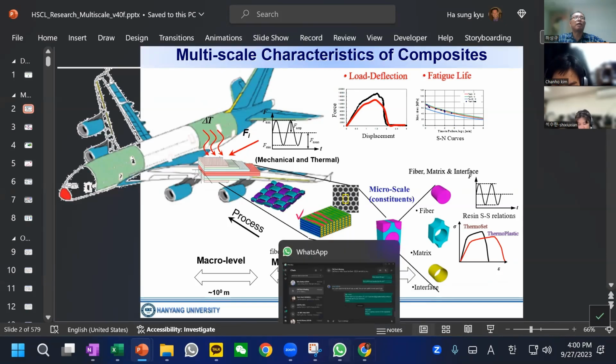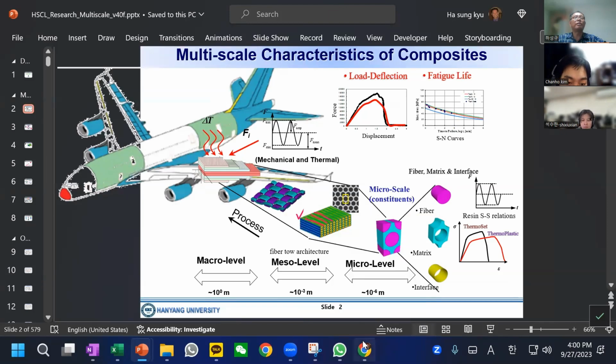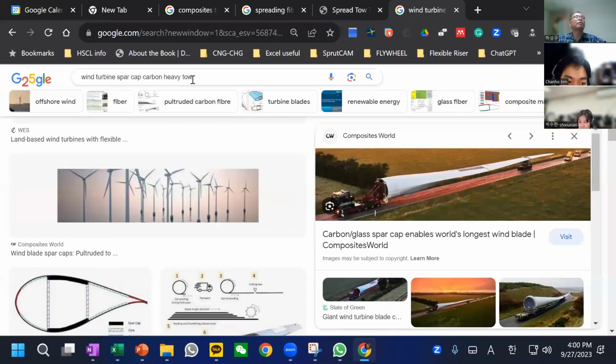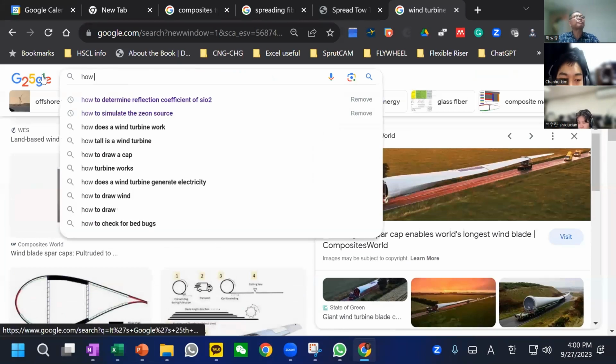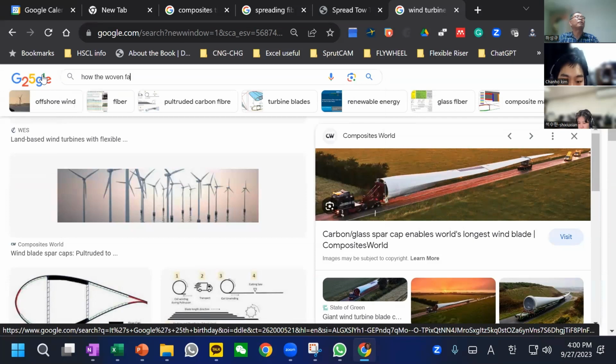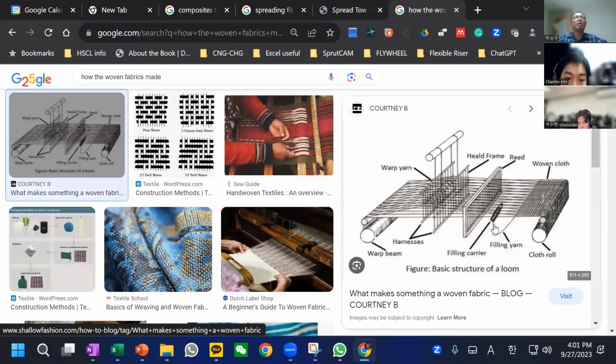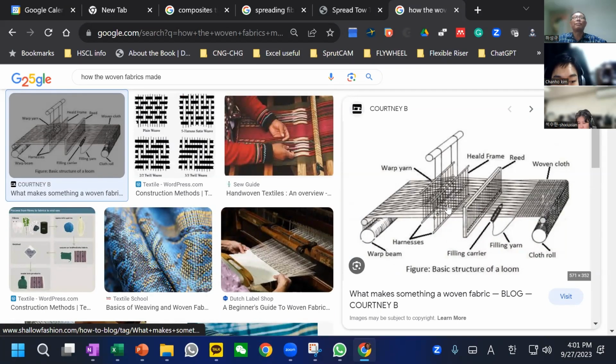One thing I would briefly like to speak about is the woven. Woven is very widely used as well, but how are the woven fabrics made? You can see this is very similar to your fabrics. Just what we call warp and weft. I'm sorry, warp and weft.